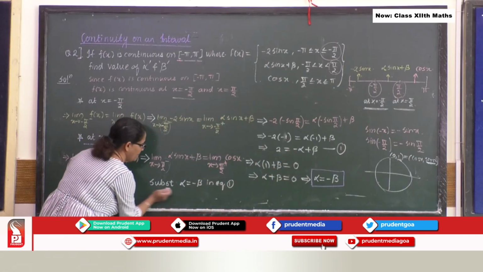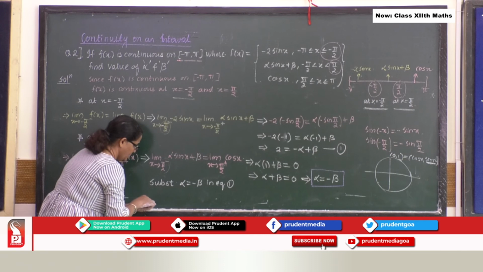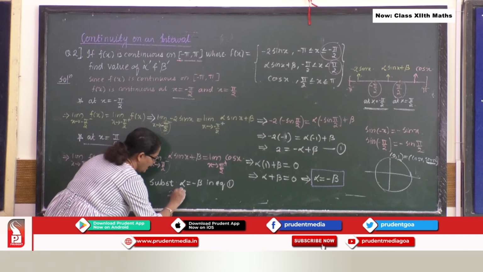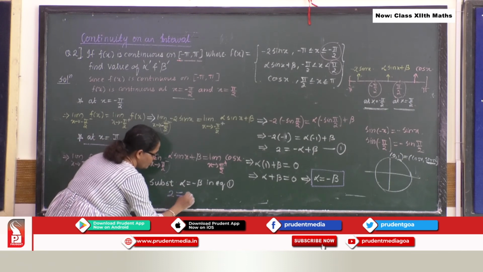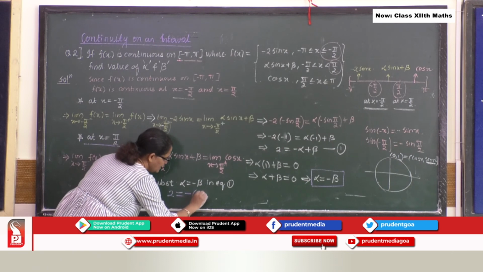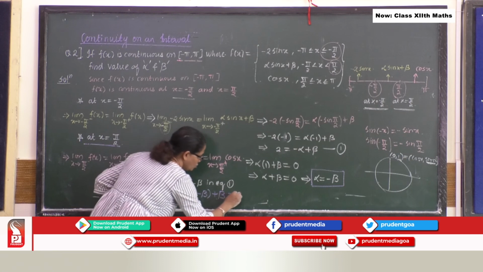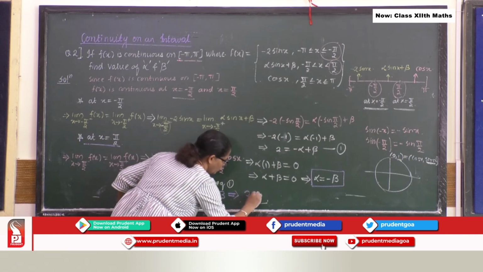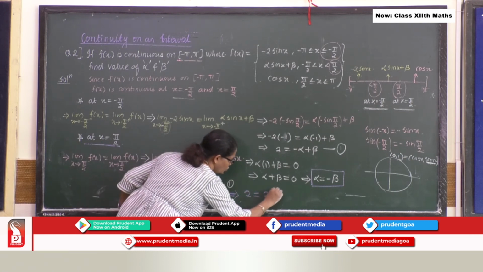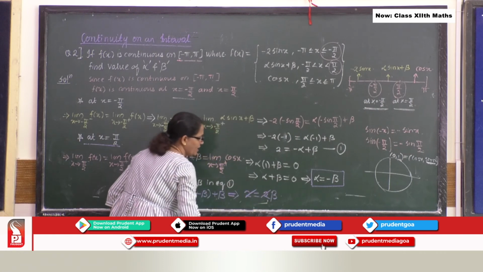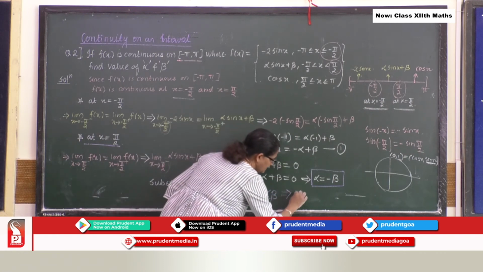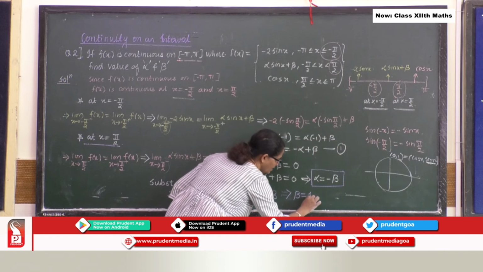So what I am getting over here is, look, 2 times 2 equals minus beta plus beta, which is nothing but 2 equals 2 beta. 2 cancels, and I say beta equals 1.